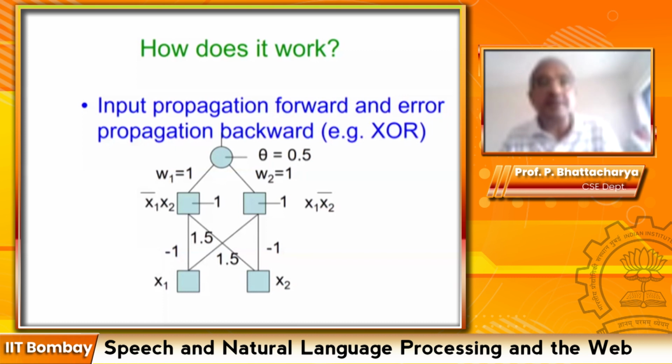Yes, GIS is applicable for chunking also. In any situation where the probability is modeled by means of features and the weight values of the features, the weight values have to be learned iteratively. There GIS is applicable.